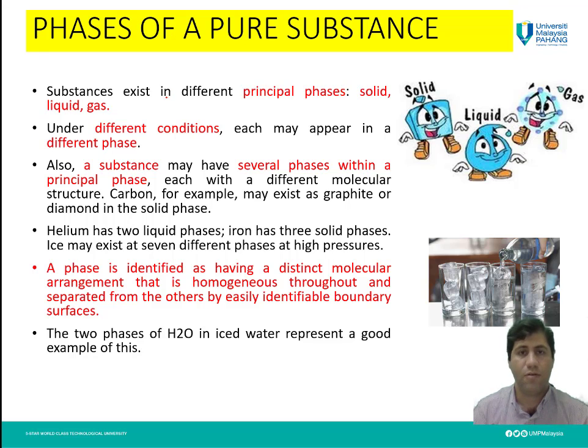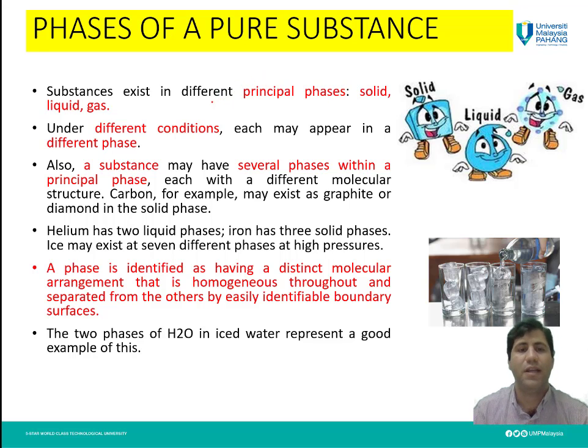Let's continue our discussion about the phases of a pure substance. This part may be just a brief review for you, because I think many of you know about the phases of materials.